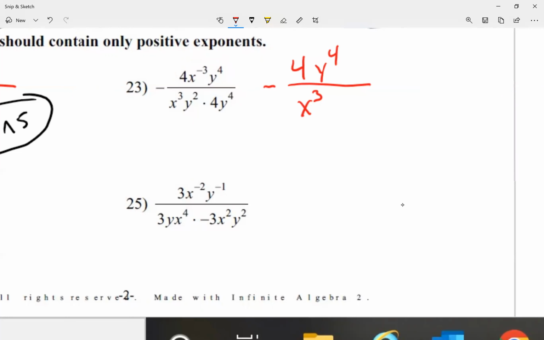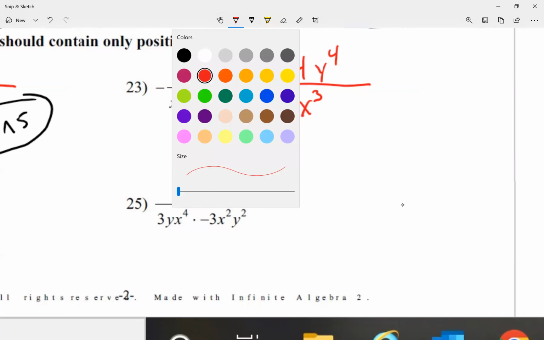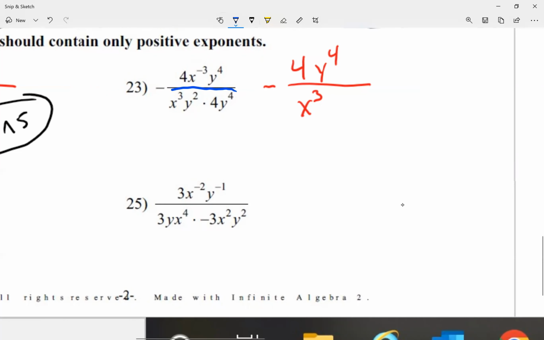Now I'm going to focus just at the bottom. So I have an x to the 3 at the bottom. I have a y to the 2 times 4, and then y to the 4th. If there was anything with a negative exponent, bring it to the top as a positive exponent. But there wasn't.